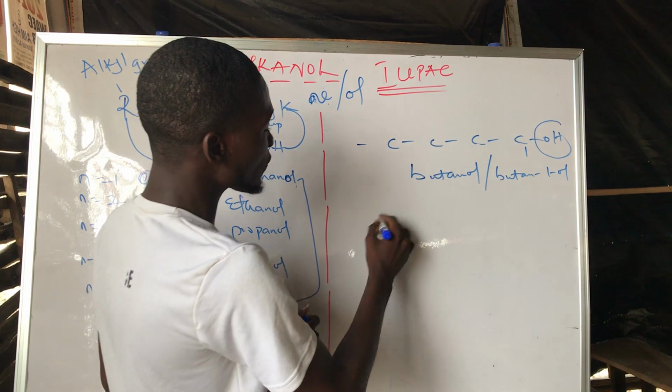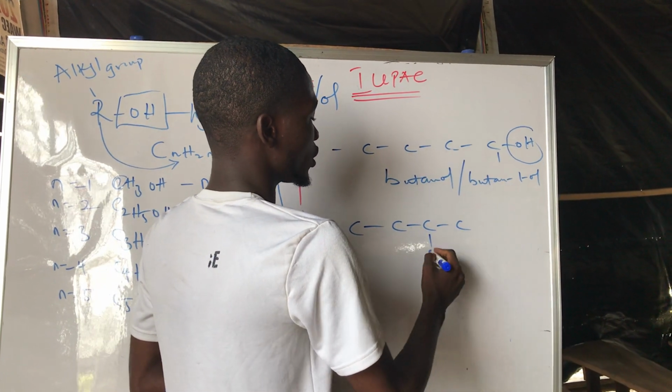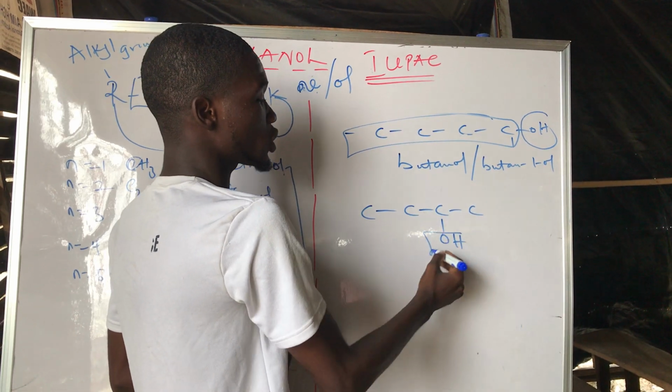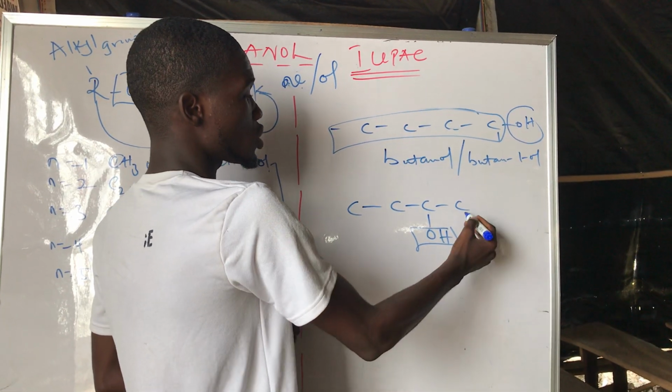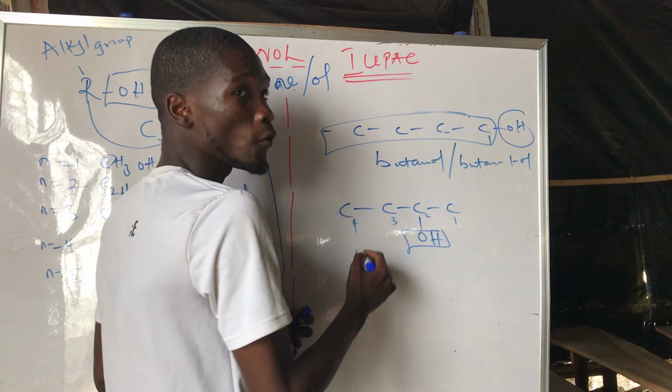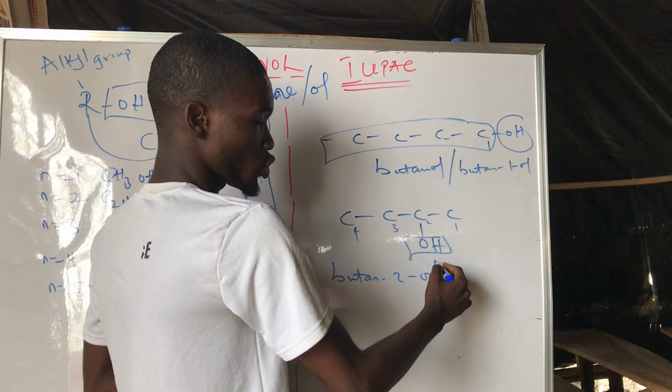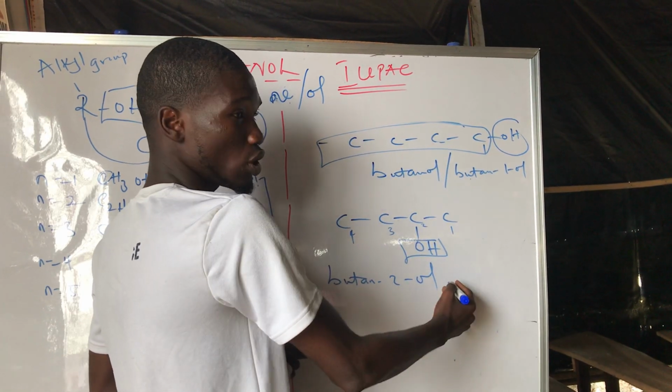So the next one is if I should have this, the OH is here. We are still using the same carbon atoms now. Mind you, the functional group is being moved to the second one. So we said 1, 2, 3, 4. So now this is called what? Butan-2-ol. Not butan-1-ol, but what? Butan-2-ol now.